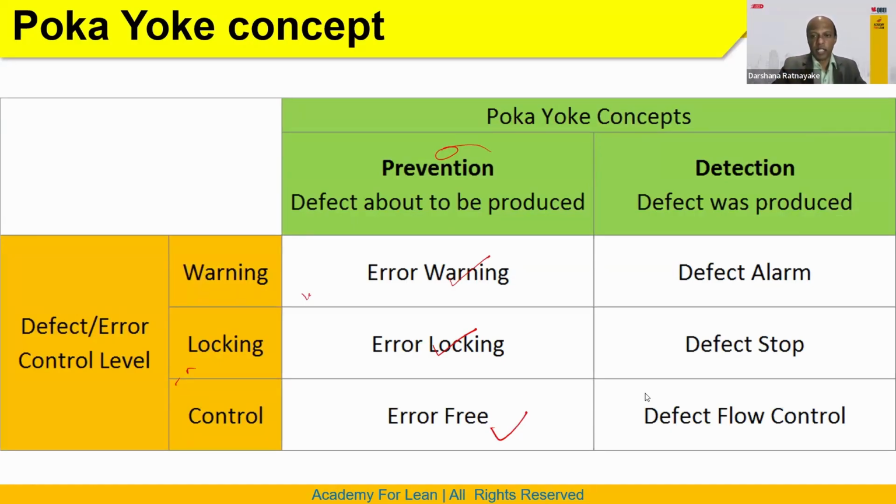In the detection method, it detects, alarms, defect stops. Defect flow control: a defect can occur, but it will not move to the next step. That means sometimes there is a defective part, but only one. Prevention means there will be no defect at all, zero.